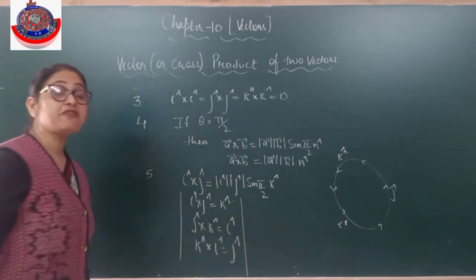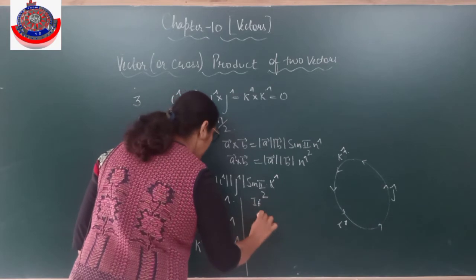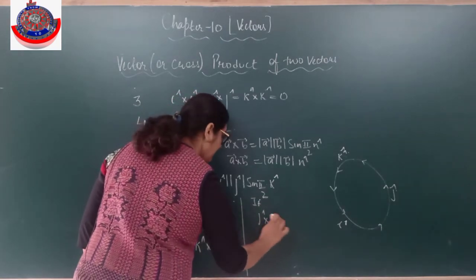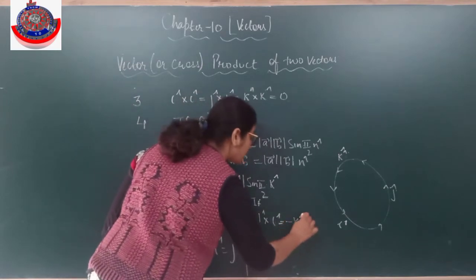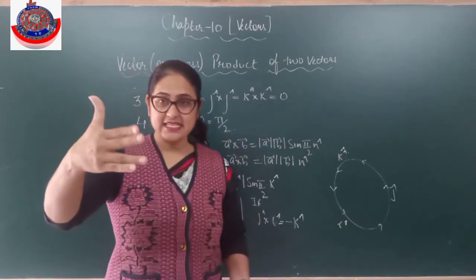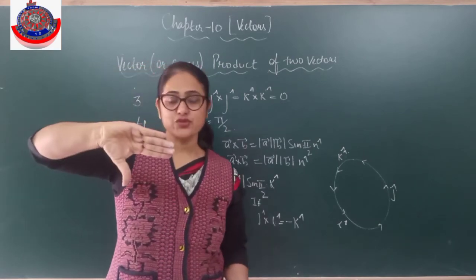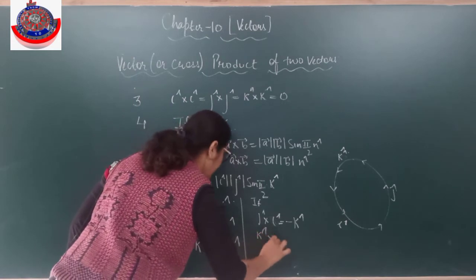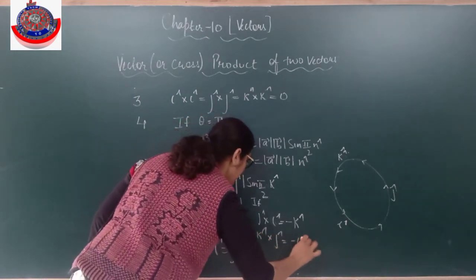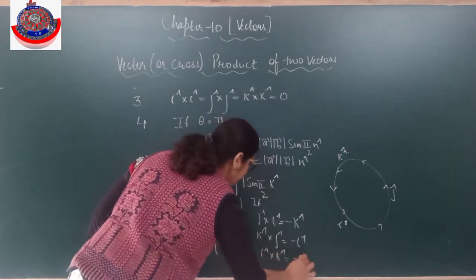But if I change the direction, it becomes j cross I, so it will be minus. What did we say about the reverse? It goes like this; if it goes the other way, it will be reversed. Understood? It goes in the negative direction. So k cross j would be minus I, and I cross k will be minus j.